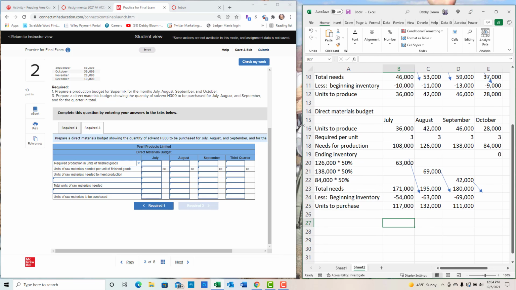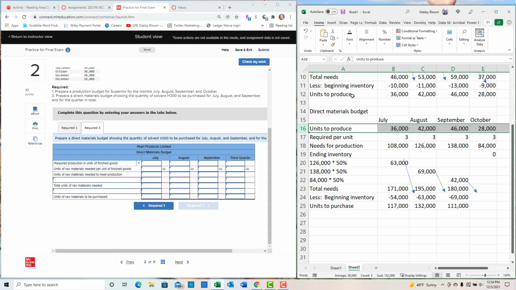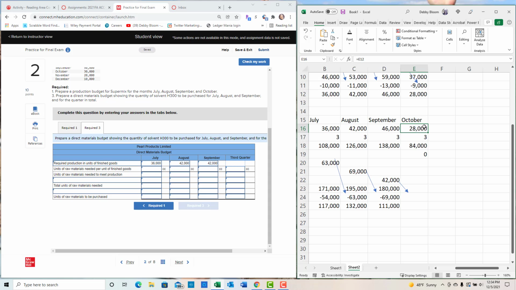We're going to use the numbers right across here on line 16, the answer to part 1, requirement 1. So I'm going to put in the 36,000, then the 42,000, 46,000. Now I'm going to add 36,000 plus 42,000 plus 46,000.